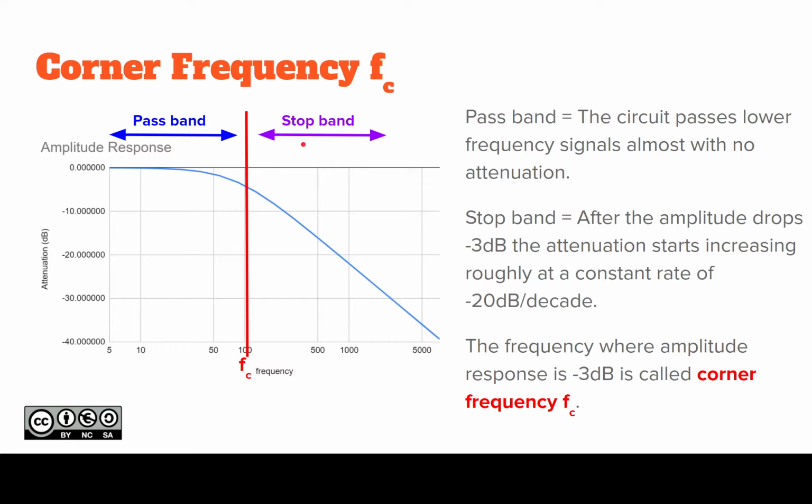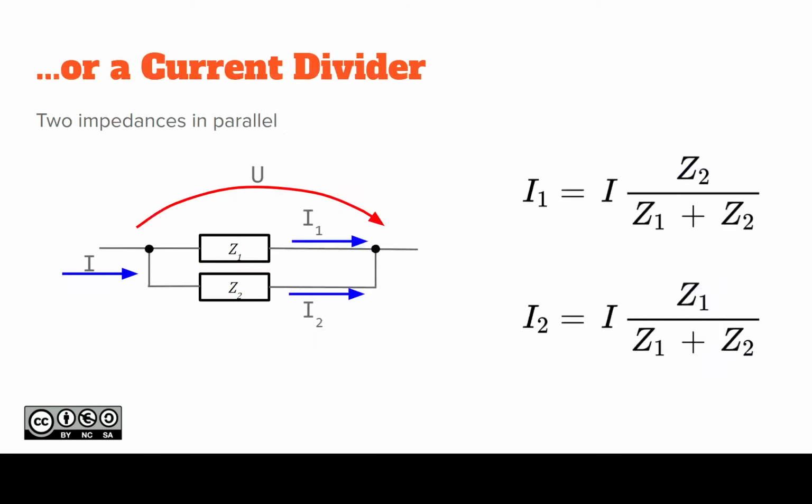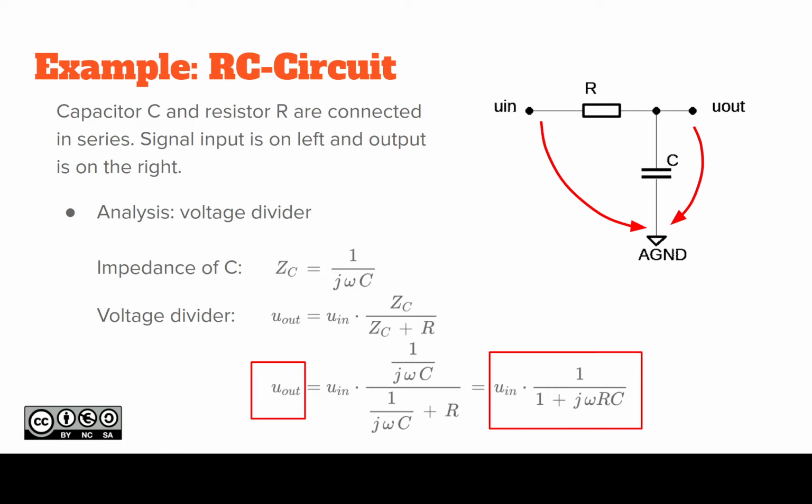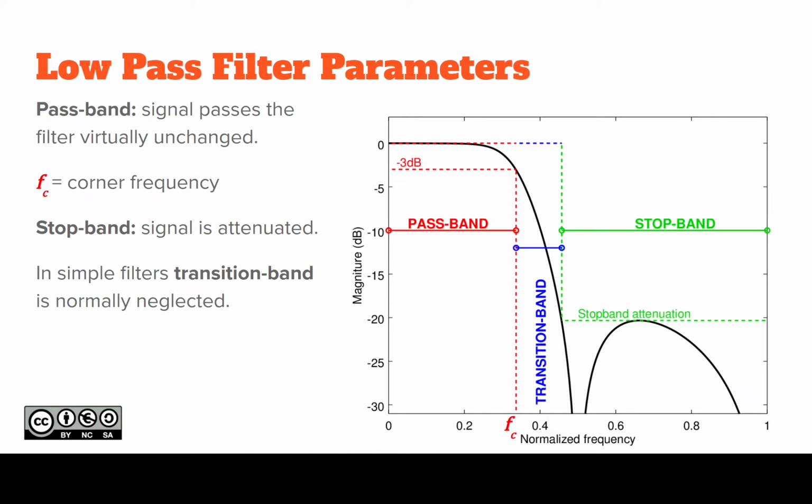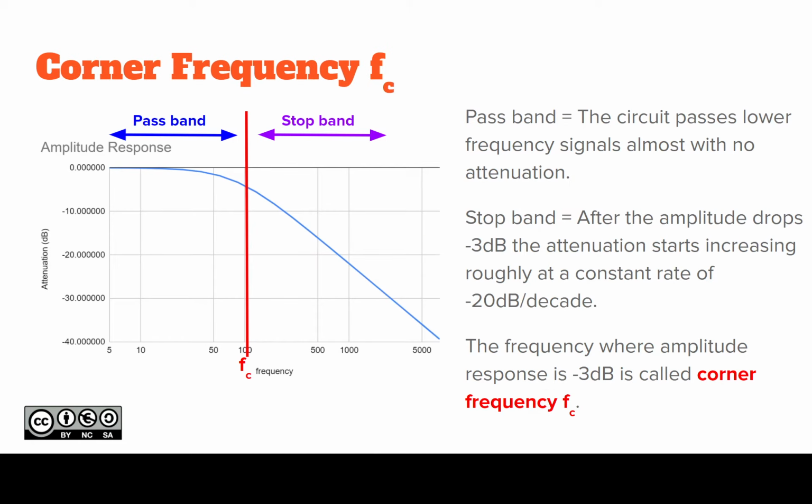Interestingly, this is the same as how this RC circuit here works. Calculating the U out divided by U in gives this so-called amplitude response picture.